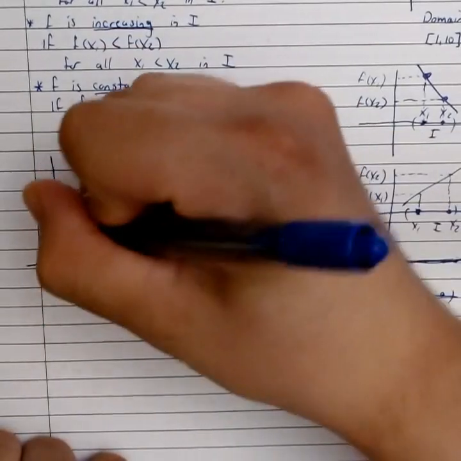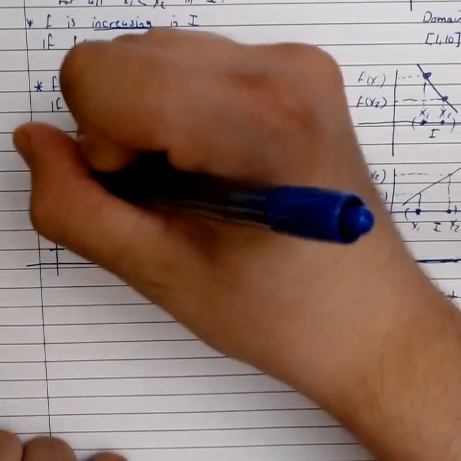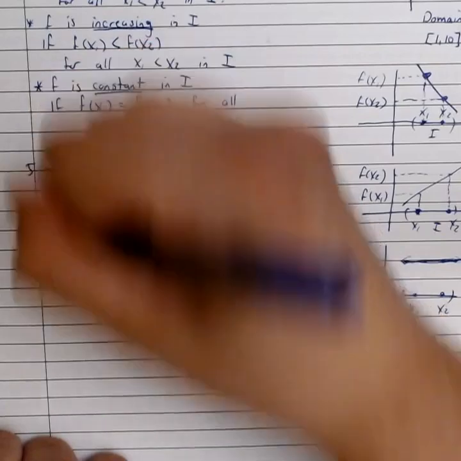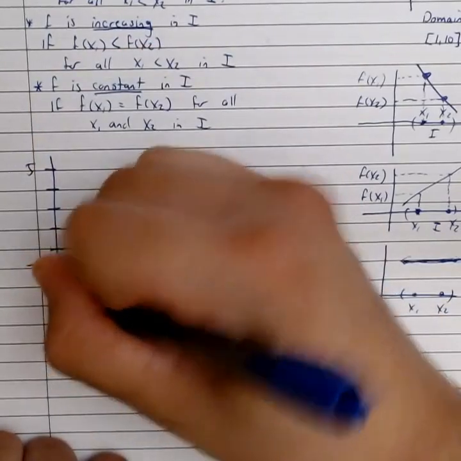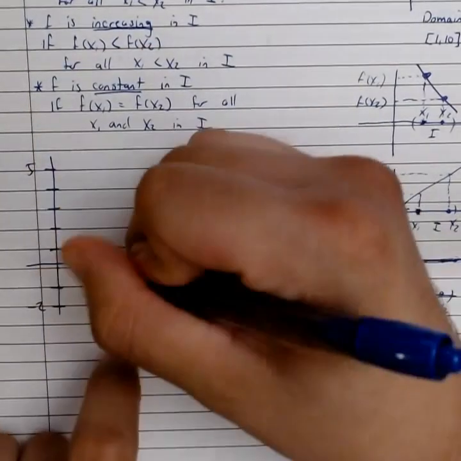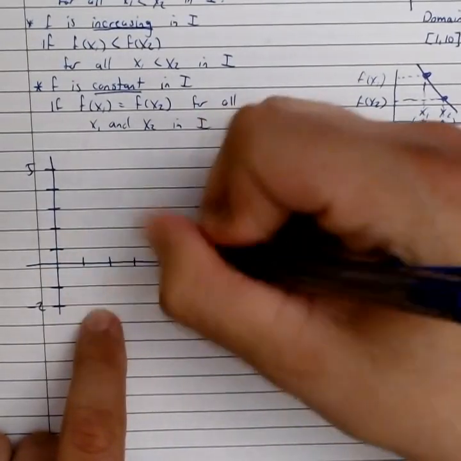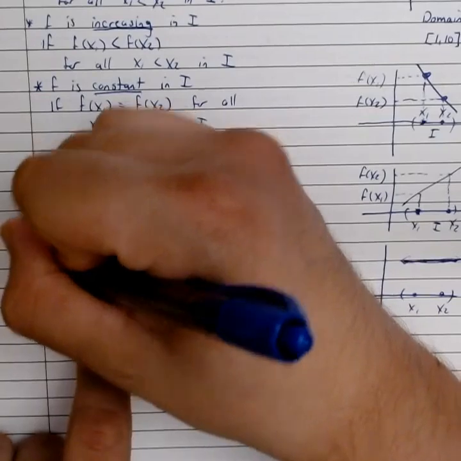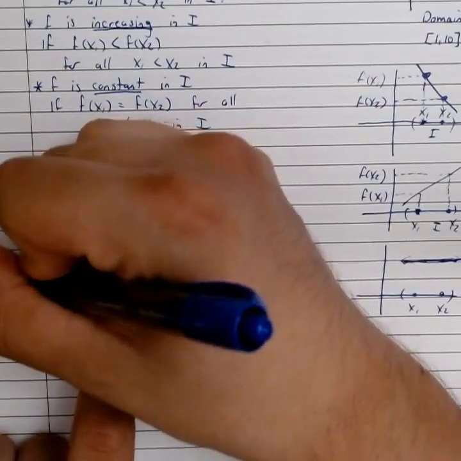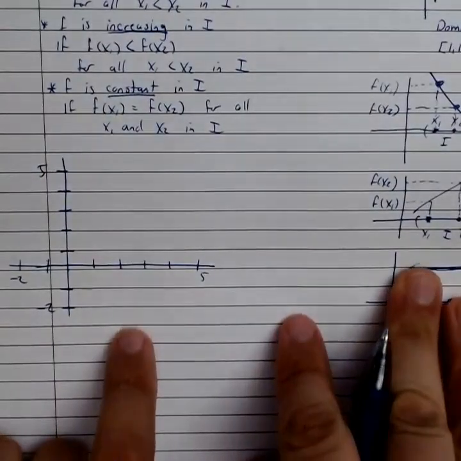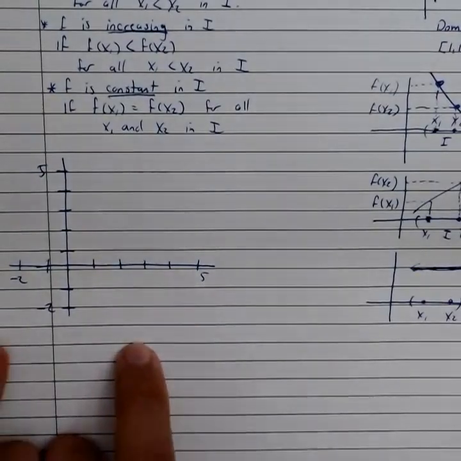So that's 1, 2, 3, 4, 5. And let's go down here, -1, -2. And here, let's do 1, 2, 3, 4, 5. And then back here, -1 and -2. All right, so let's go ahead and draw a graph.